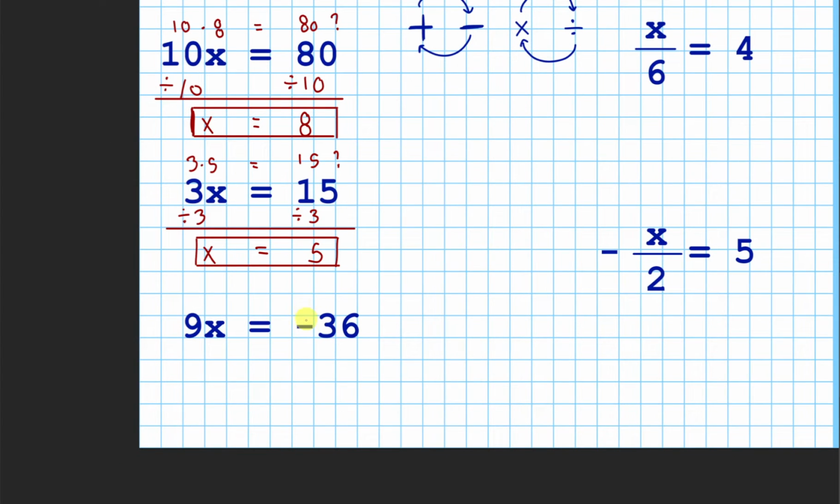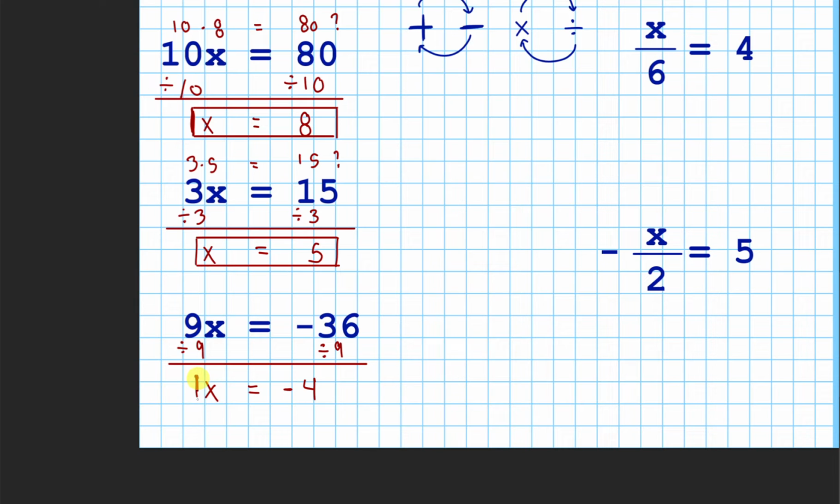Here's another one. 9x equals negative 36. Well, this is 9 times x. So it should be no surprise when you see me use division right now. I'm going to divide both sides by 9. 9 divided by 9 is just 1, so 1x. Negative 36 divided by 9 is negative 4.